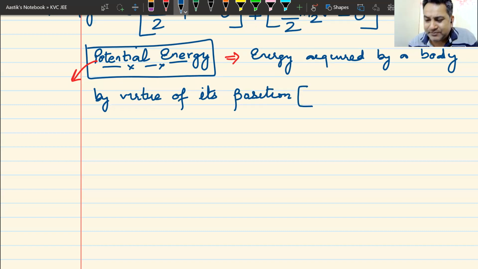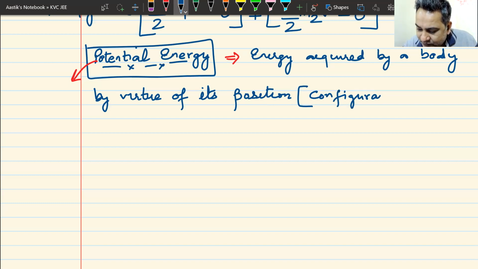Now, position may sound like a very simple term. So instead of using this simple term, we can use a bit complicated terms. Again, they are English terms and they mean the same thing. By virtue of its position, you can call it configuration or arrangement.